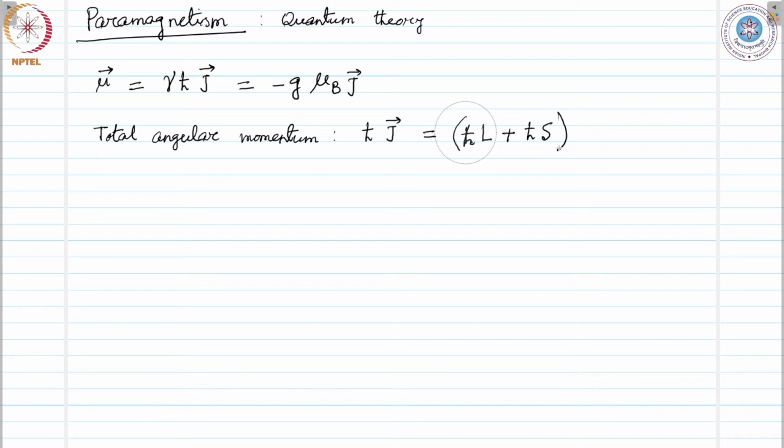It is just the sum of these two. The constant gamma here is the ratio of the magnetic moment to the angular momentum. It is called the gyromagnetic ratio.